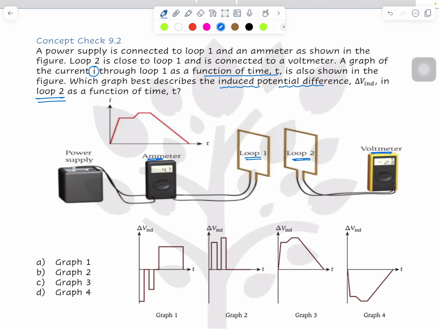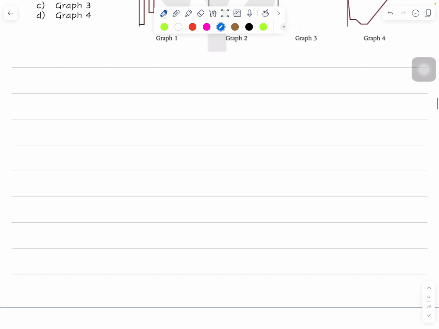Okay guys, there is a very interesting thing you need to understand. The first graph is between I and t. In any graph, there are two things you need to focus on. One is the y-axis divided by x-axis. So what is this? This is called slope.